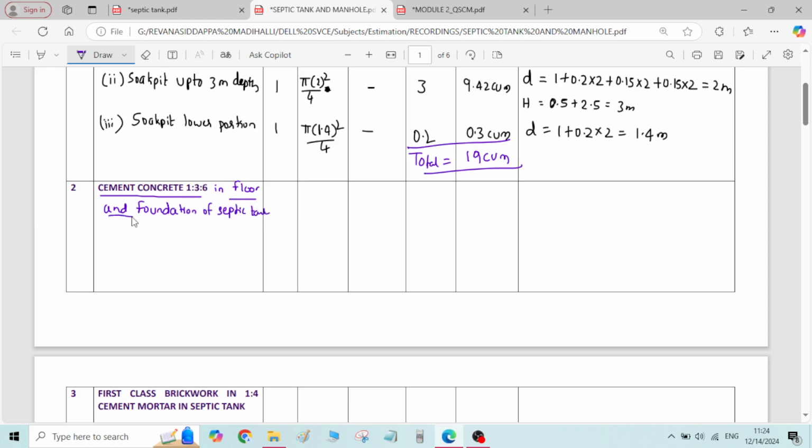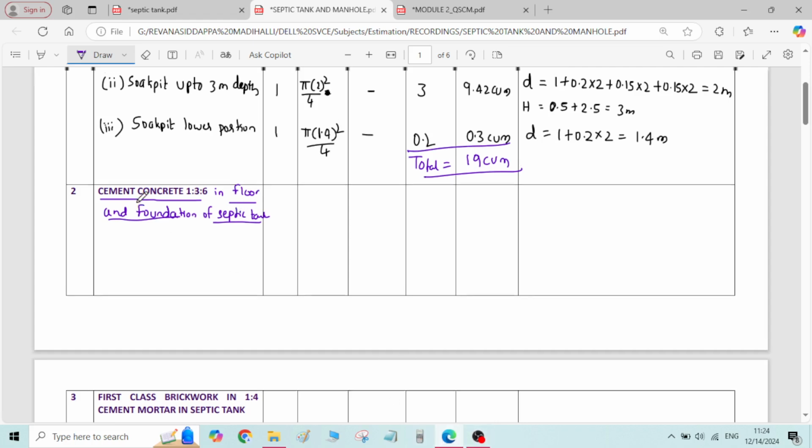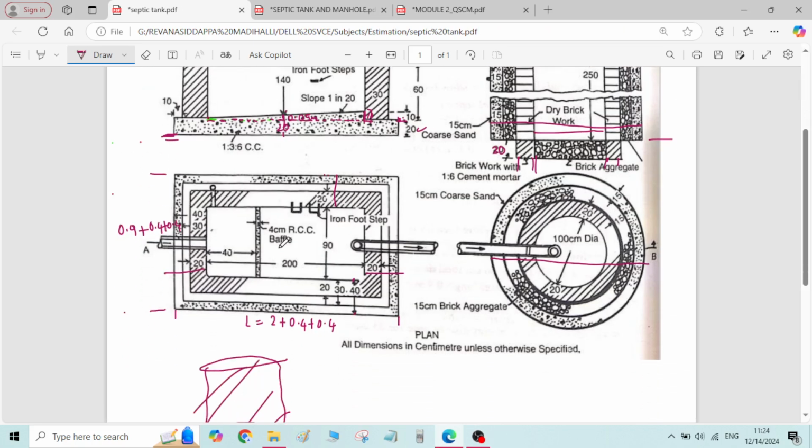Now the cement concrete floor is provided in the septic tank, you can see here. So we have to calculate the total volume of this cement concrete provided at the floor and foundation of the septic tank. Foundation means this rectangular portion, floor means this triangular portion inside the septic tank.